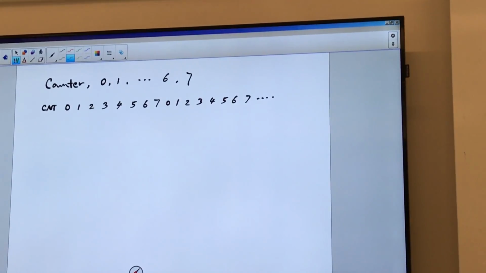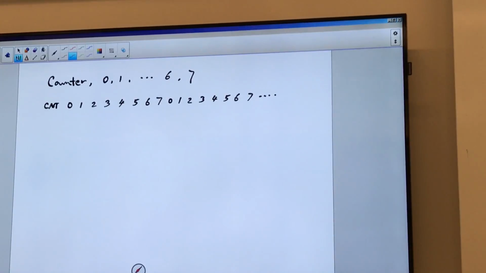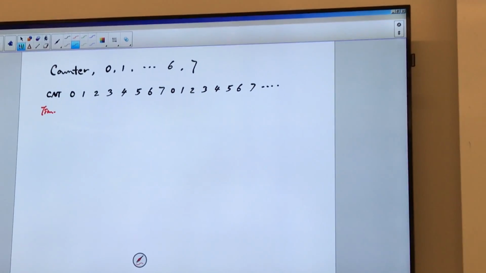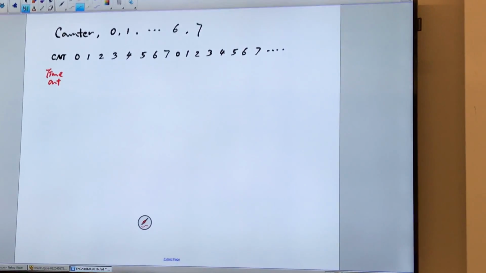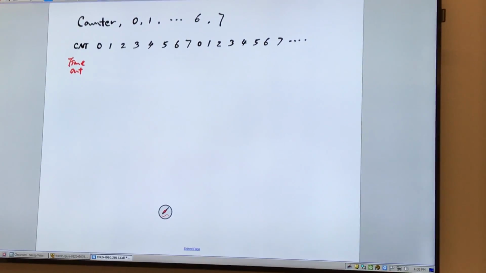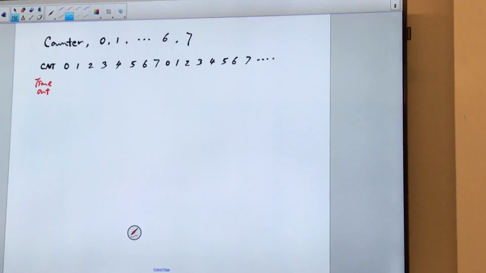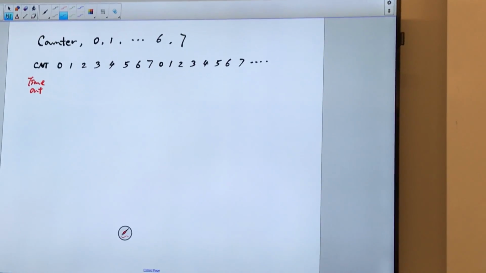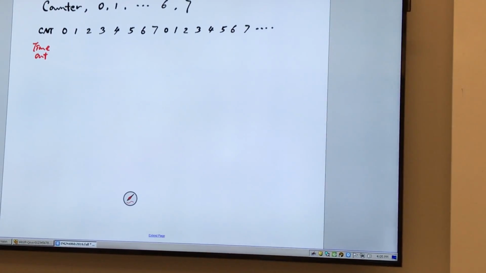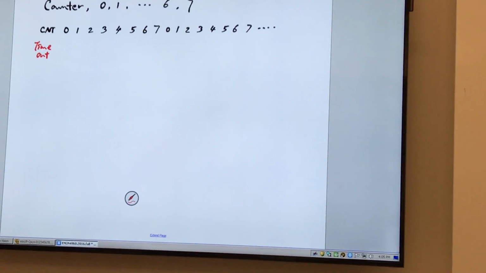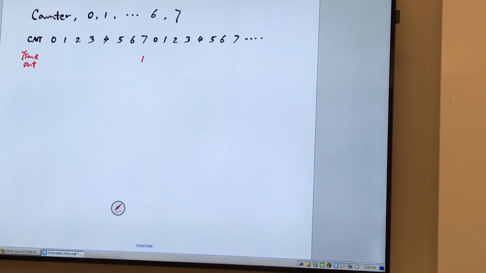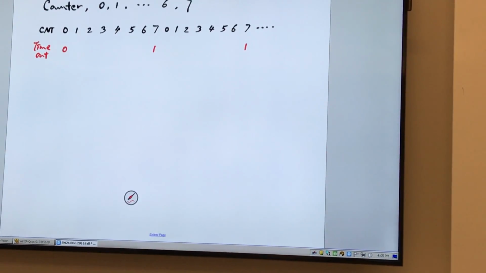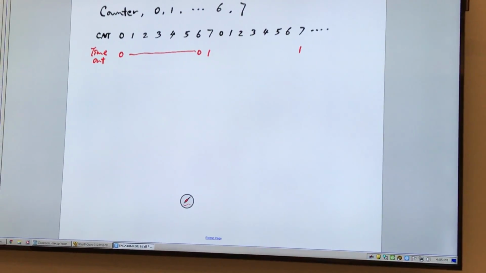So what we're going to do is add a signal. We call it timeout. The timeout is going to go active high whenever the count is at the end. So right now, if you look at this, at the end of the count sequence, this is the end, this is the end. Right? So that means everywhere else it should be 0.